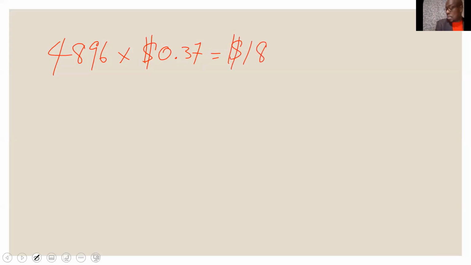These 4,896 are charged at 37 cents, and that gives us a total of $1,811.52.